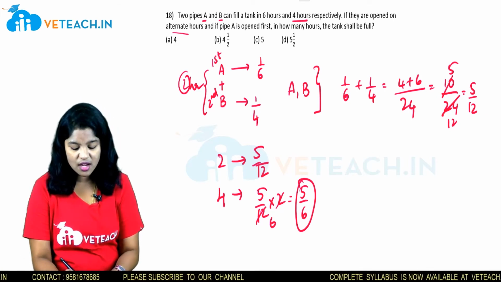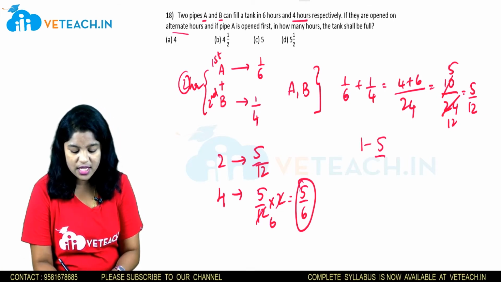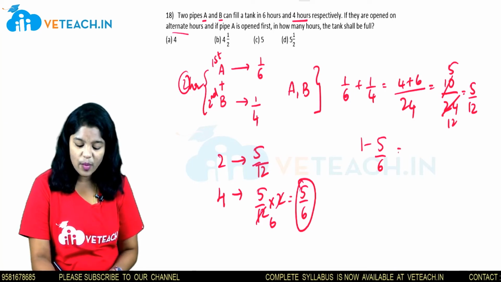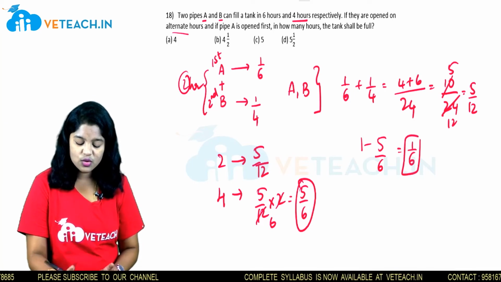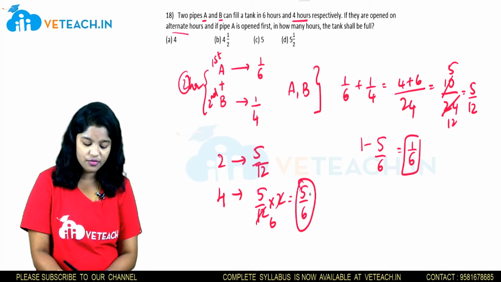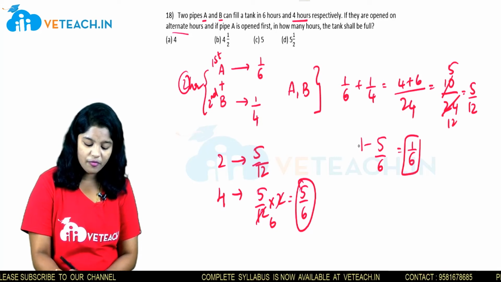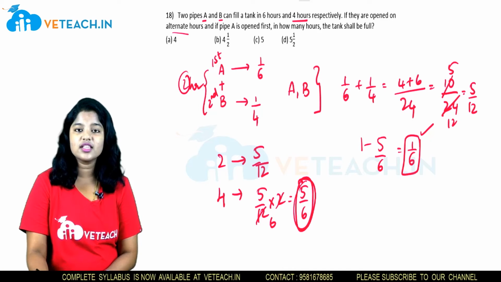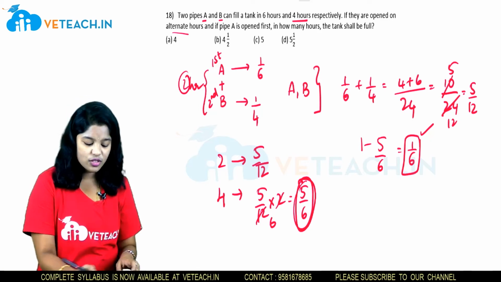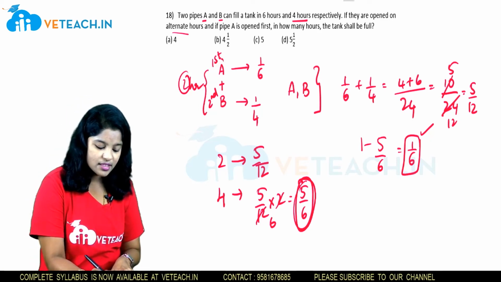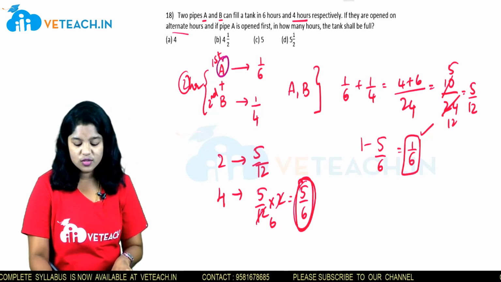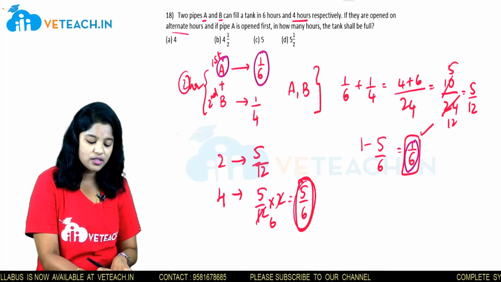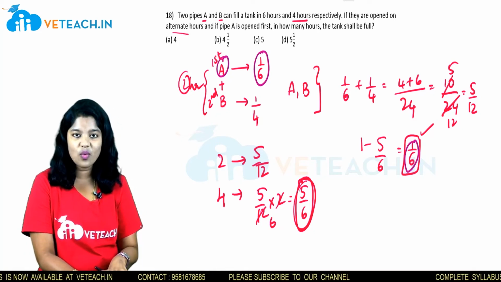Out of one part, 5/6 part of the tank is already filled in 4 hours. So the remaining part is 1/6. This 1/6 should be filled in the next hour, that is in the 5th hour. In the 5th hour automatically the pipe A will be opened, and this 1/6 part will be filled, which is nothing but the working capacity of pipe A in 1 hour.